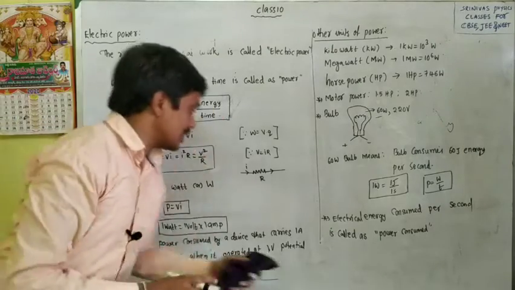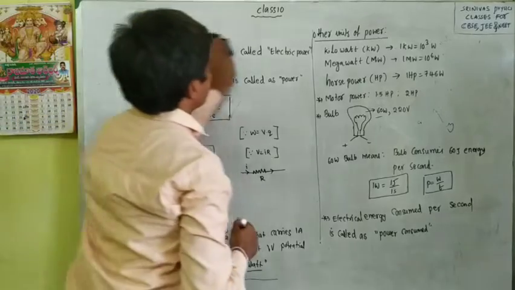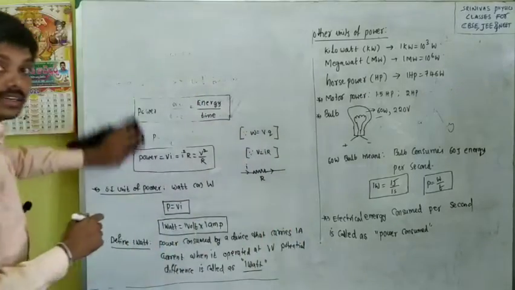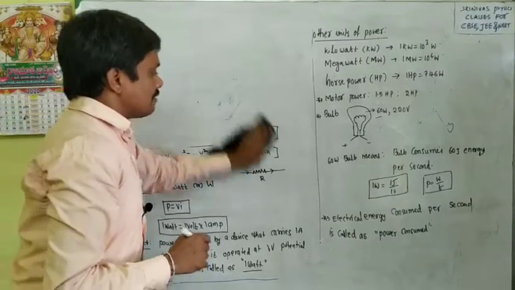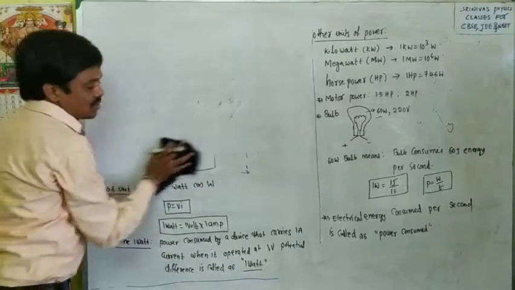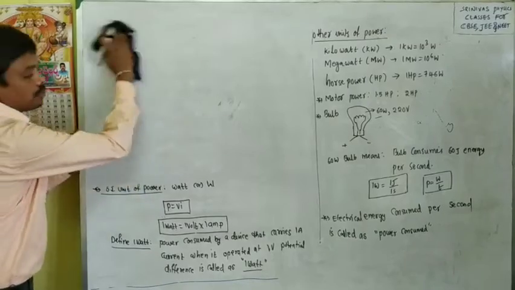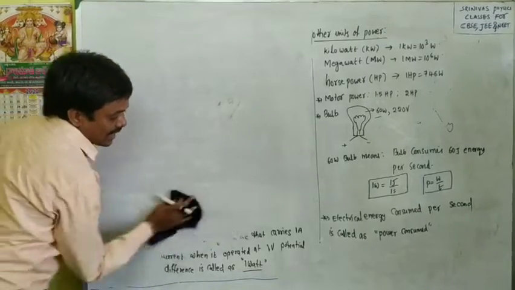Now, another unit of electrical energy: the commercial unit of electrical energy. Generally we get a bill every month because we are using electrical energy. In our home we have so many appliances, and every appliance uses some electrical energy, so we have to pay money for it. How do they calculate the electrical bill?